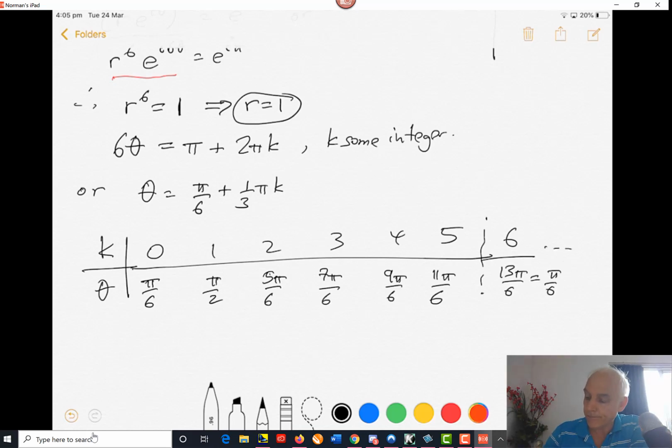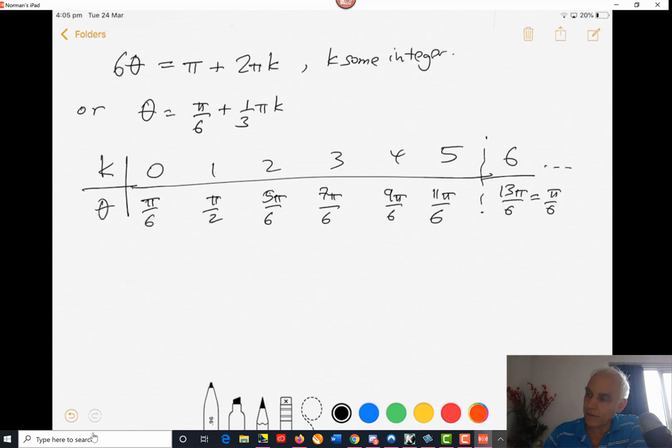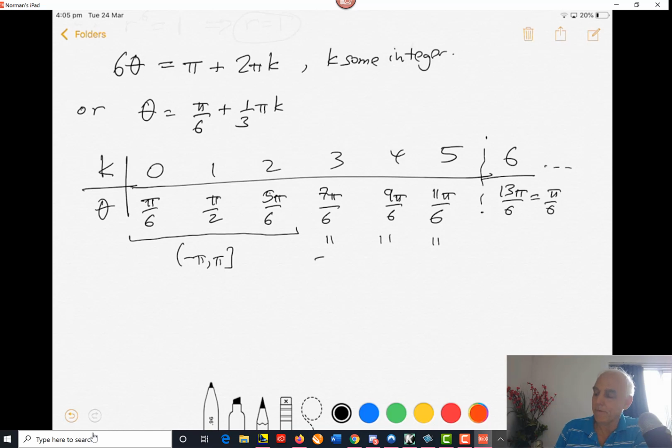Now, you have some choice here. These angles are all in the range between minus pi and pi, but these ones are bigger. So we could also write these by going the other way, essentially subtracting 2 pi. So we could write this as minus 5 pi on 6.